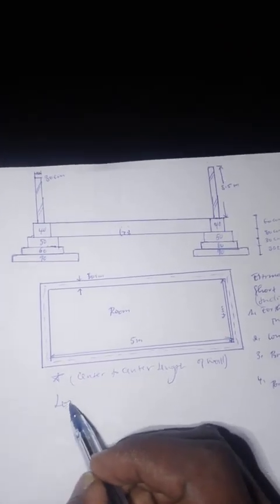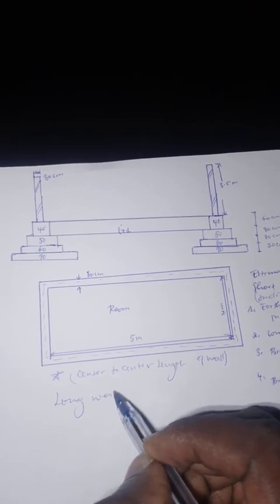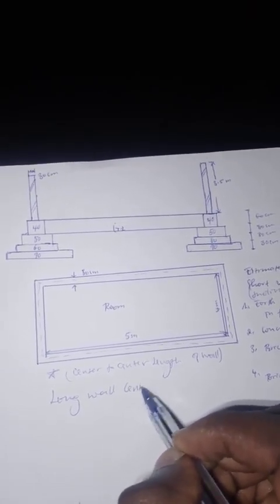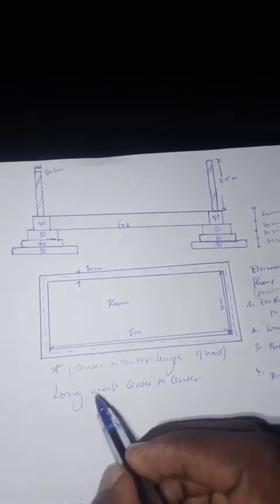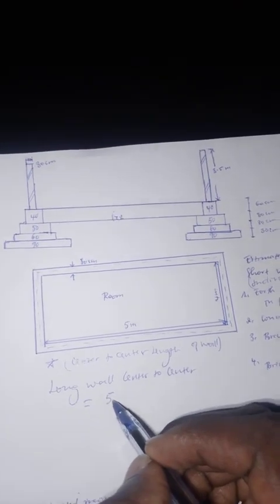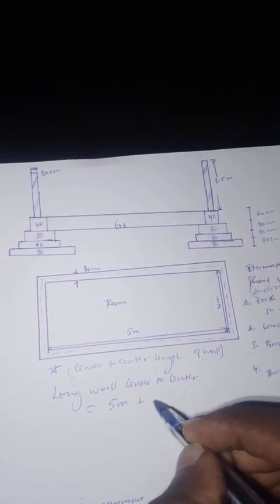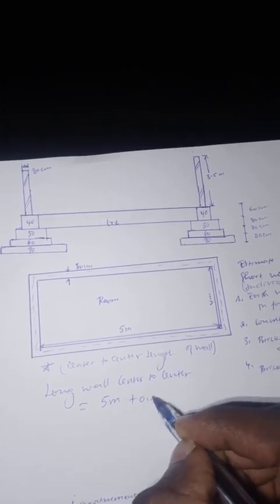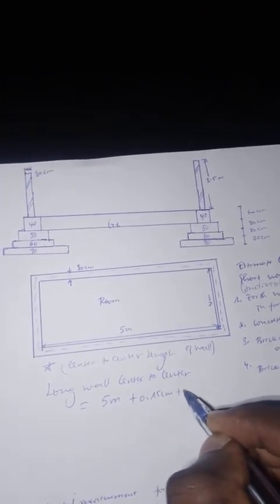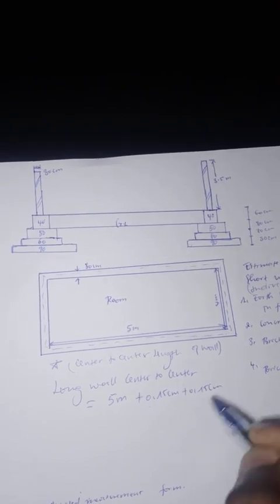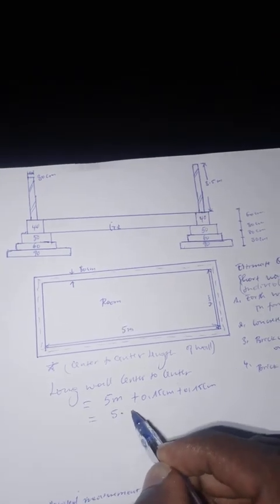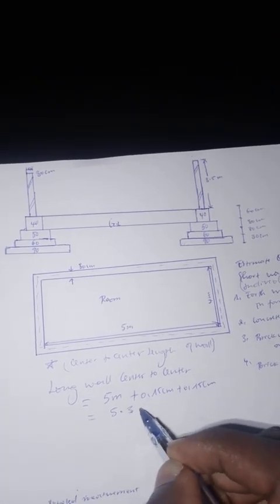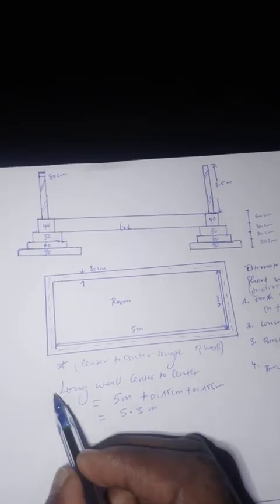Here, long wall center to center is equal to 5 meter plus 0.15 meter plus 0.15 meter. We get 5.3 meter.